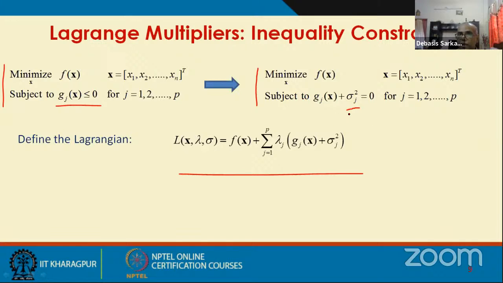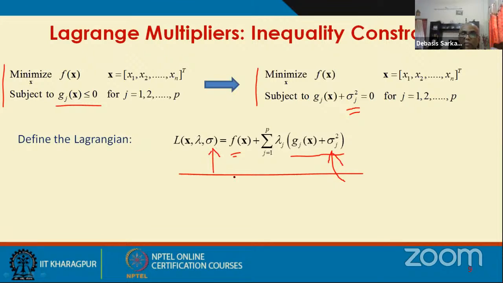So define as many lambda as the number of inequality constraints. And then add the product of this lambda, or Lagrange multiplier, and this equality constraint to the objective function to obtain the Lagrangian. Note that now the Lagrangian is not only a function of decision variable x and the Lagrange multiplier lambda, but also this slack variable that has been added.